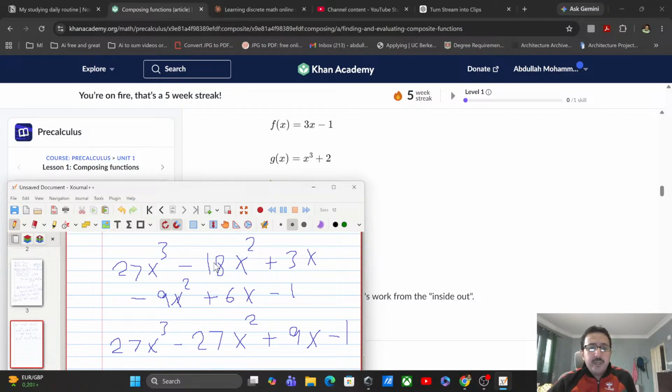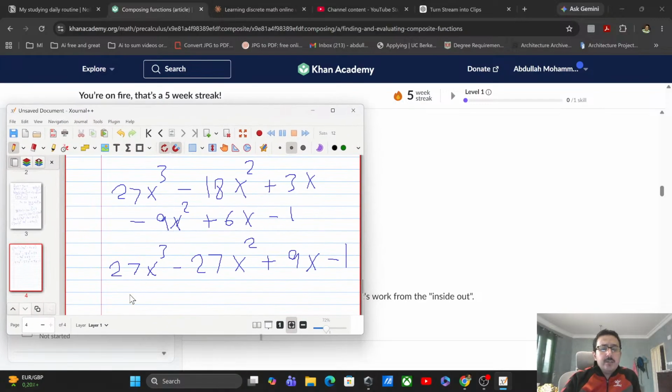Let's plug the 1 here, see if this checks. 27 times 1 cubed minus 27 over 1 squared plus 9 over 1 minus 1.